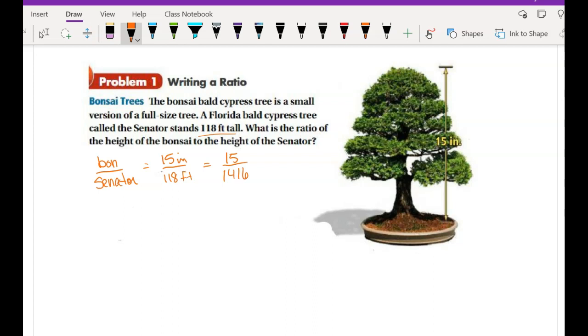So now we need to simplify our fraction. So what do you think we're going to do? So what's 15 divisible by? 1, 3, and 5, right? So is the denominator divisible by 5? No, so let's divide everything by 3.